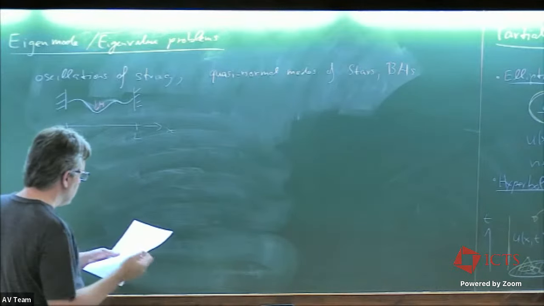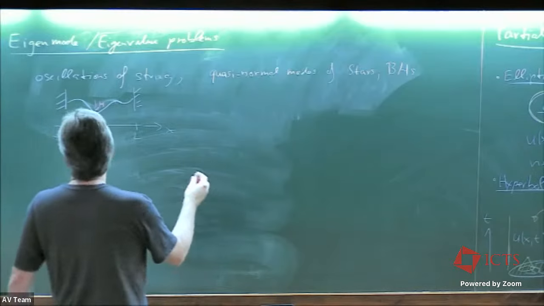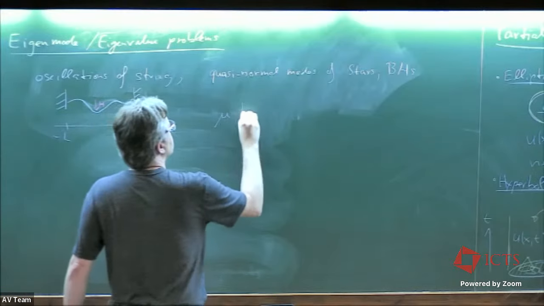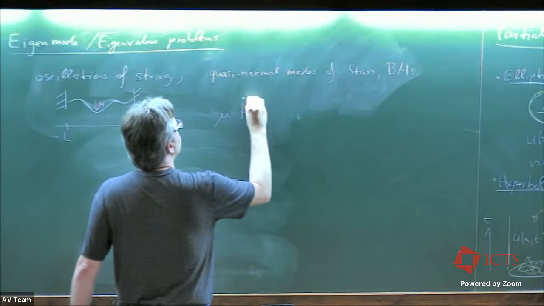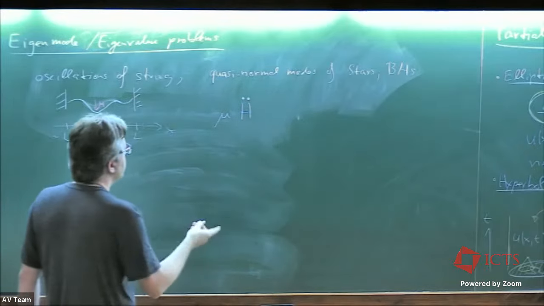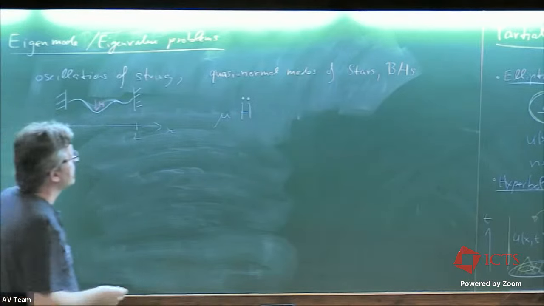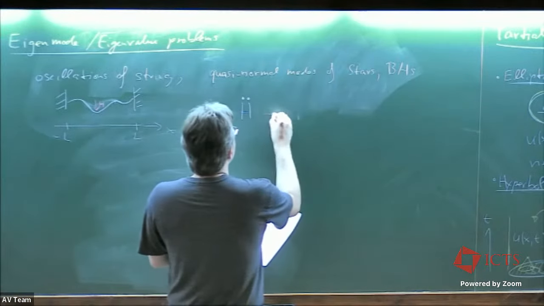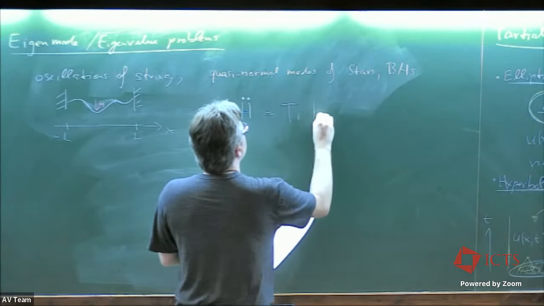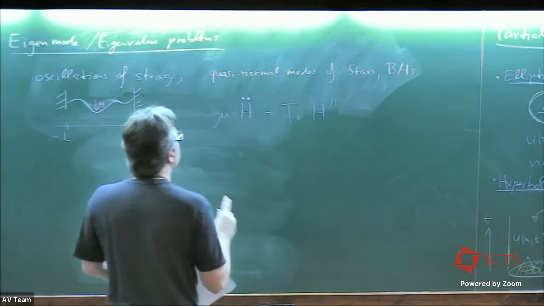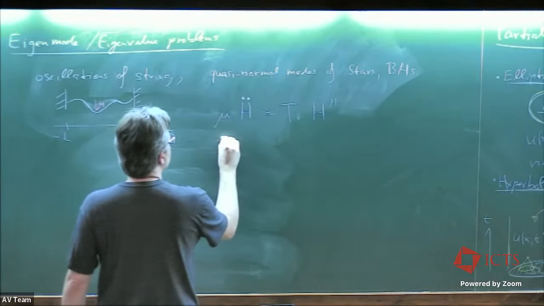Then what you will start out with is an equation like mu h double dot, I'm going to write down just Newton's force equation, is equal to T times h prime prime. So let's try to make sense of this.